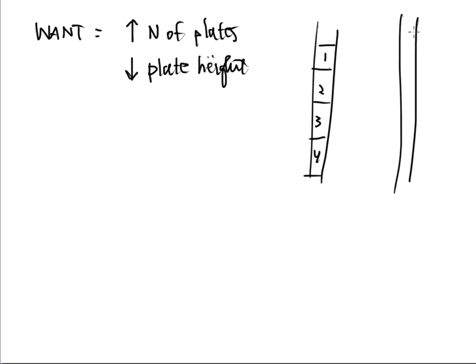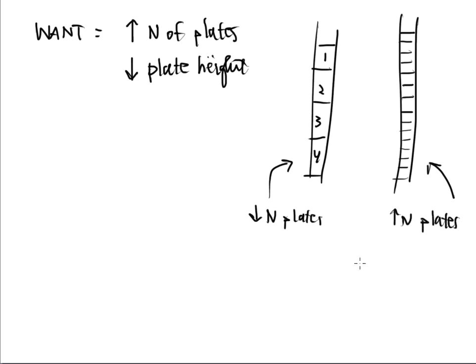And the one over to the right will have more pages. Now you can compare and contrast. This column has a very low number of plates. This column has a high number of plates. I can count them. There they are.